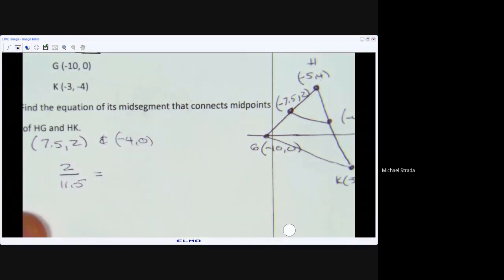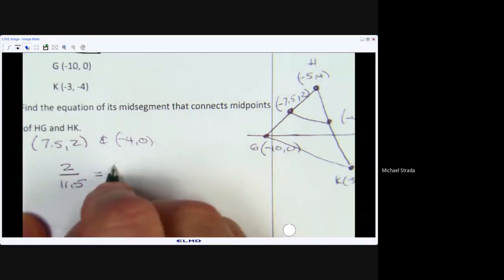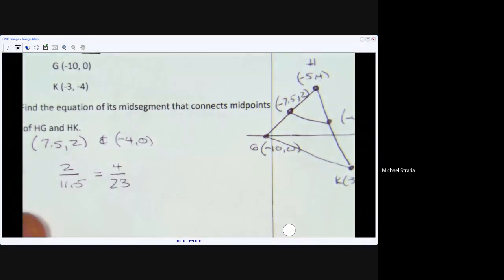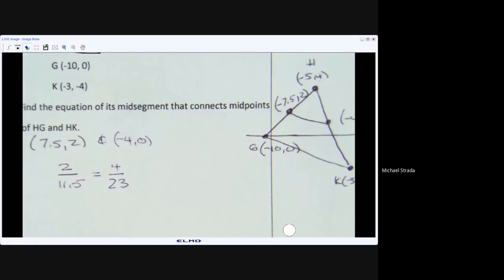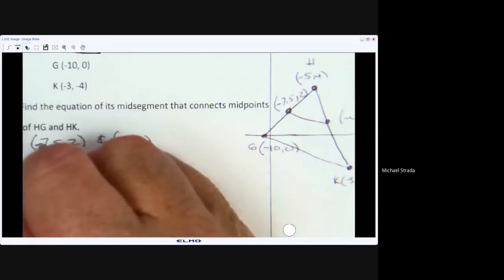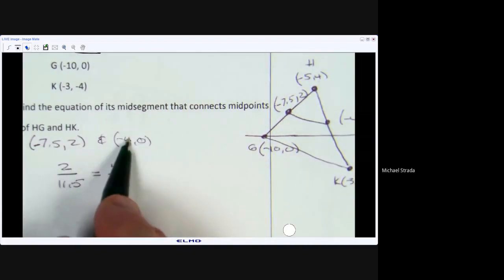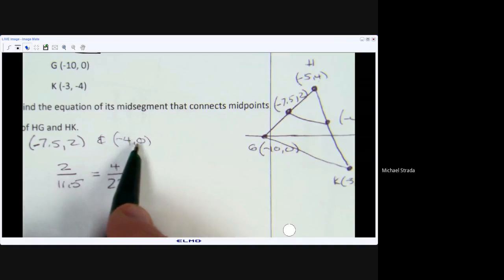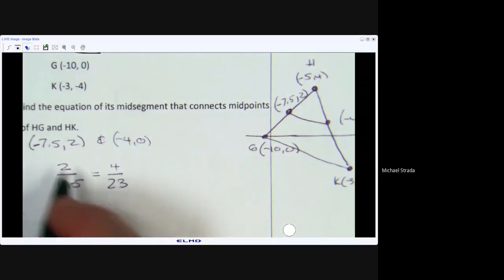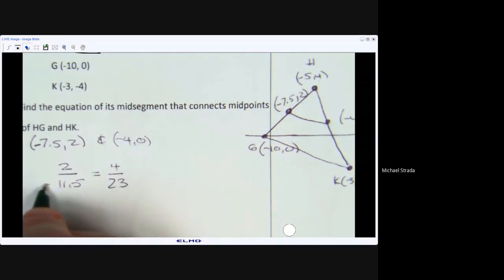If you do have a 0.5, one of the easiest things you can do is double it. You get 4 over 23. So -7.5 plus -4 is -11.5. So that would be -3.5.